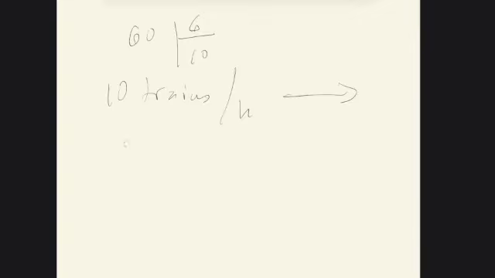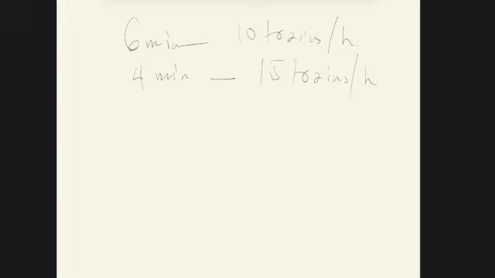So that's going to be 60 divided by 4, which is 15. That means you have 15 trains per hour going in one direction. Now let's compare the 6 minute interval to the 4 minute interval. 6 minutes gives us 10 trains per hour. 4 minutes gives us 15 trains per hour.